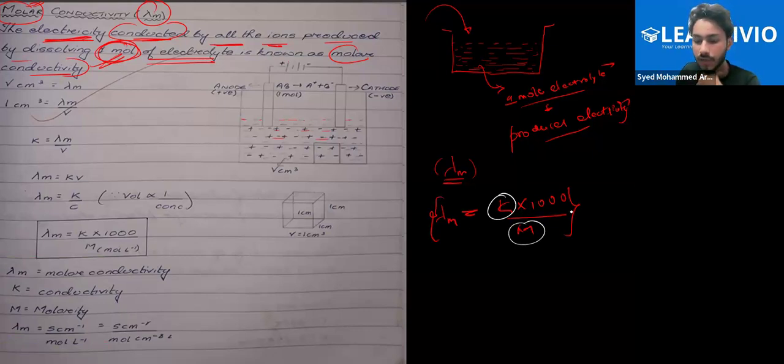This 1000 helps to put the equation in liters, so that's why we do this multiplication.